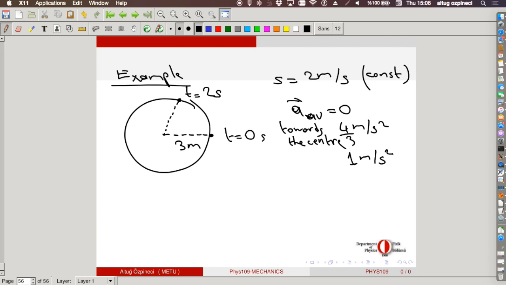Anybody trying to solve? Do you stick with your answer or do you want to change your answer?